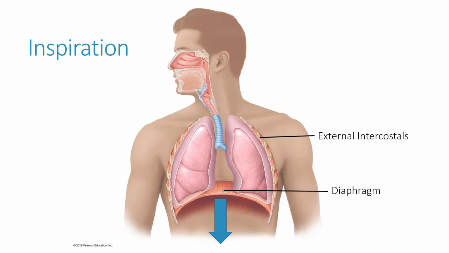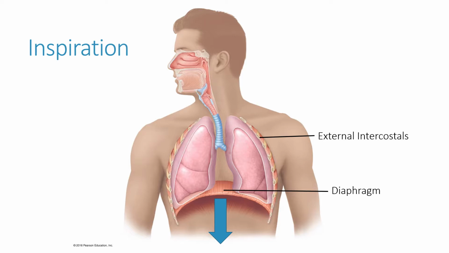As this mound starts to straighten out, it means that there's more space available in the thoracic cavity. Because the air that's in there doesn't really change volume right away, we have the same amount of air trying to fill a larger area. That means that pressure starts to decrease quite rapidly.